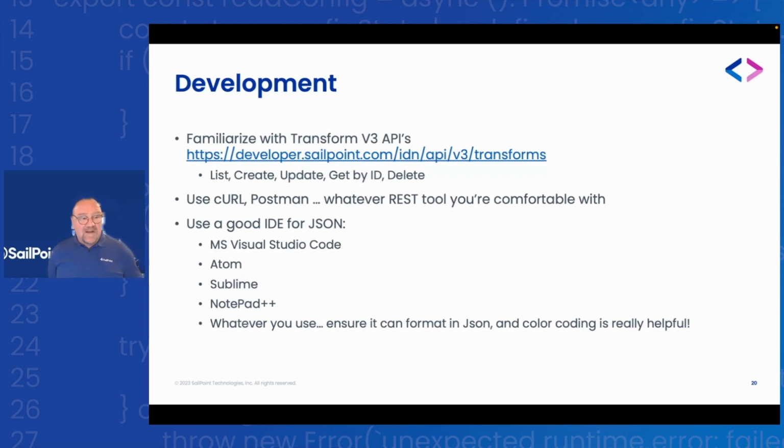I use Postman quite a lot, and curl. Also, it's good to use an IDE. I stress use one with color coding, because sometimes the transforms can get complicated. Color coding allows you to easily and quickly see different sections and any errors you may have missed, like a curly bracket somewhere.